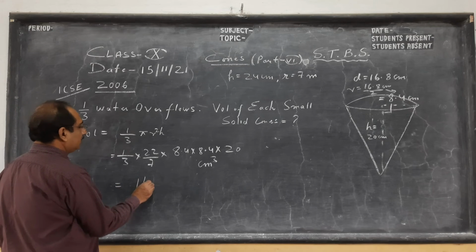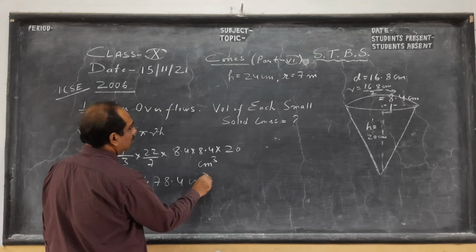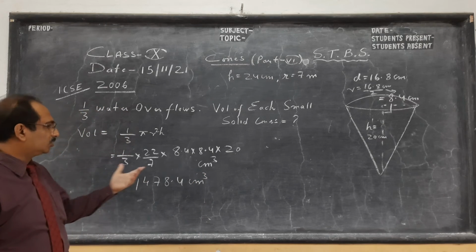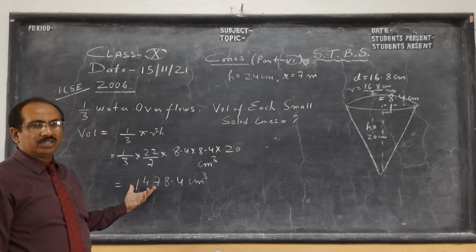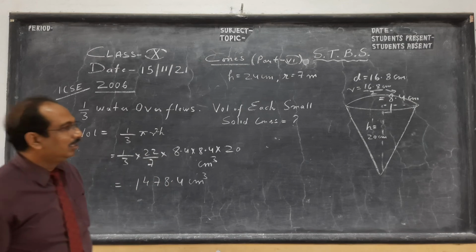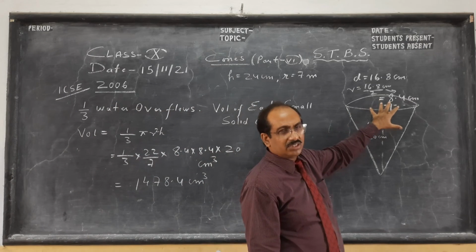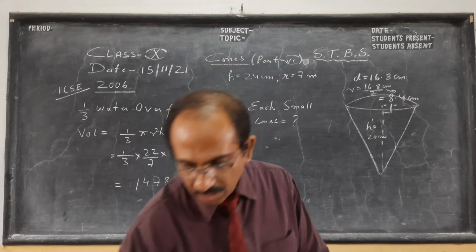1478.4. See, all of you know multiplication, division. So you remove decimal and do. I'm going to the concept part of it, because I believe at this stage you know how to multiply and divide. Now what happens here, after we have filled this with this much water, we put 2 smaller cones.